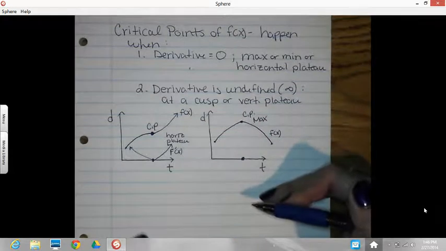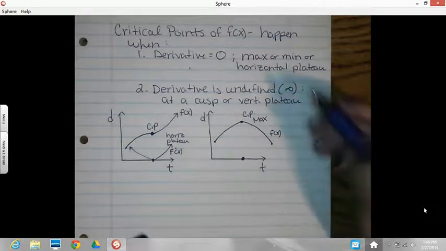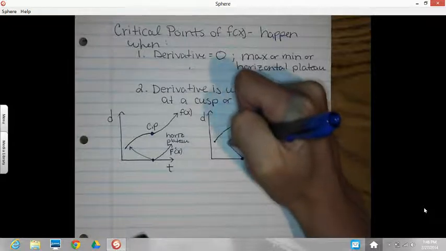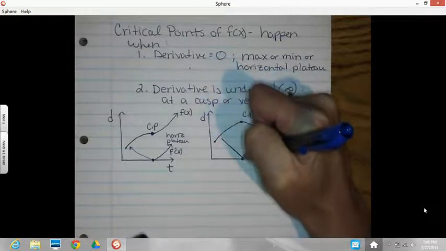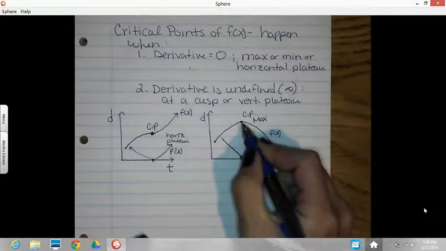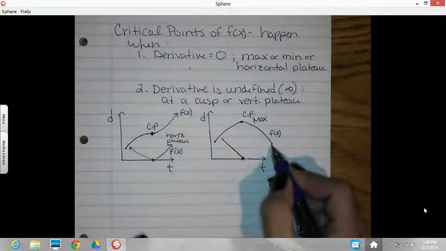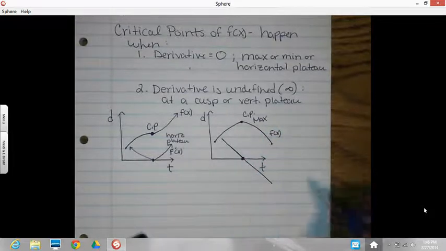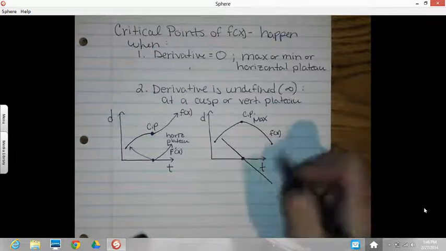So I know that these values, whatever angle it's at, it's linear. After my critical point, I'm decreasing, which means all of my derivative values are going to be below the x-axis. And I get this nice linear function for the derivative.